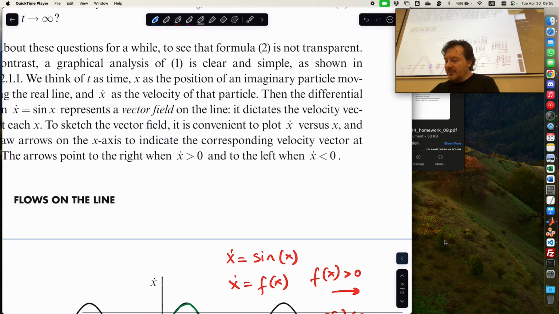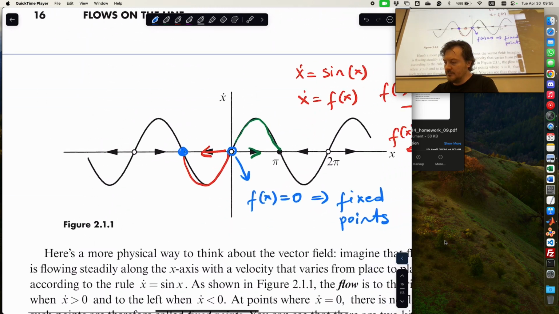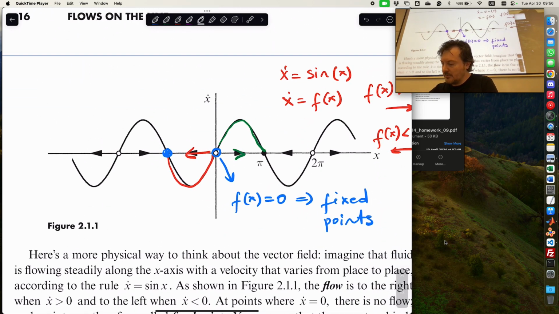But now let's answer this question. If I start at pi over 4, where do I go? It's a one-way ticket. You start with pi over 4, you reach here, you are happy forever, aren't you?